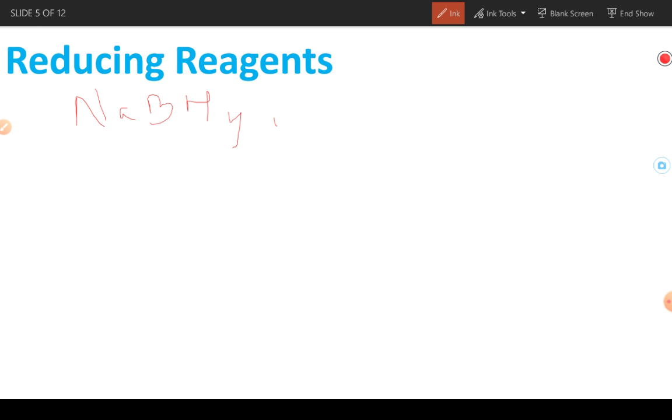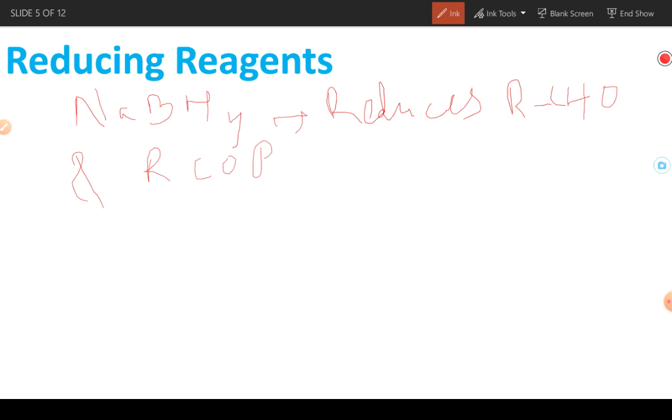It reduces RCHO and RCOR', which is a ketone, to ROH.